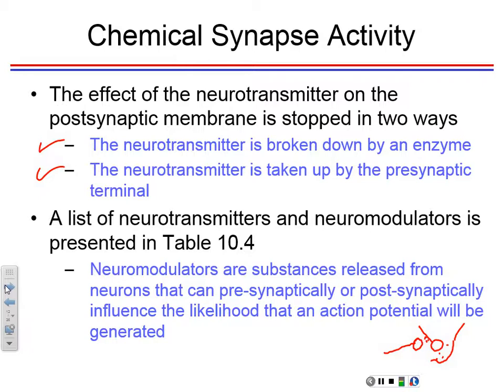Or you can have another neuron synapsing with the postsynaptic cell, so that the response could be slowed down, or it could be increased. So that's the function of neuromodulators.